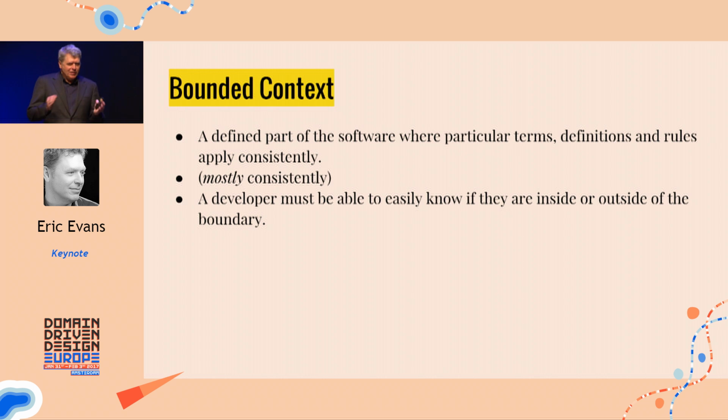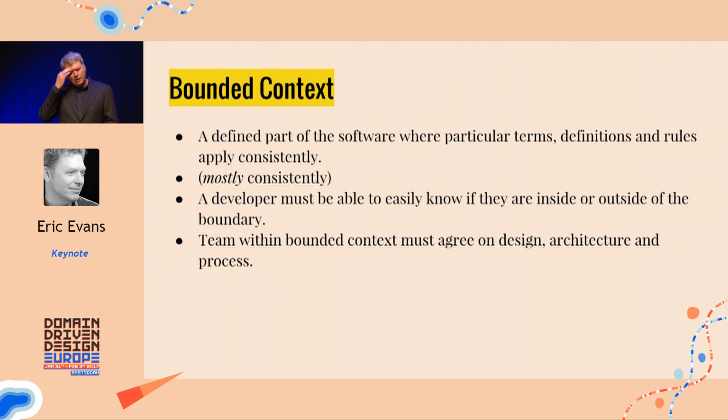A bounded context has a boundary around it. If I'm a developer, I should be able to know whether I'm in that boundary or outside of that boundary. If I'm in that boundary, I know that I need to follow the rules that have been laid down for that bounded context. And if I'm out of that boundary, then I'm free of those rules. I might have to follow some other rule set that's been defined within another bounded context.